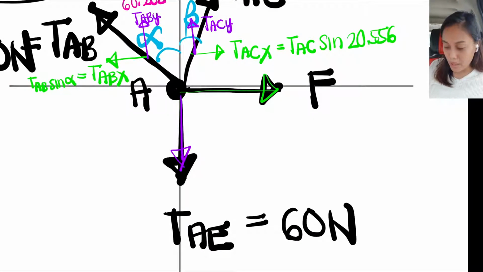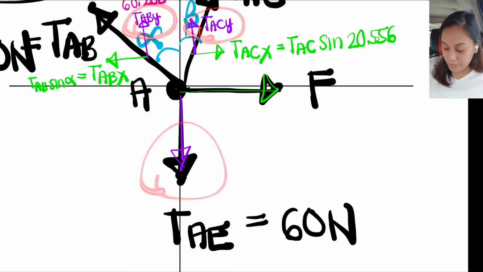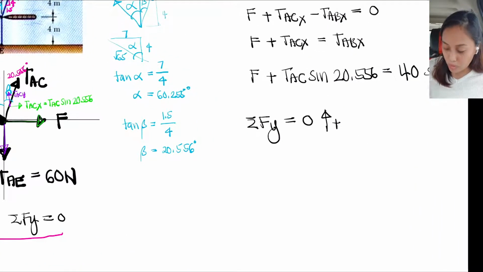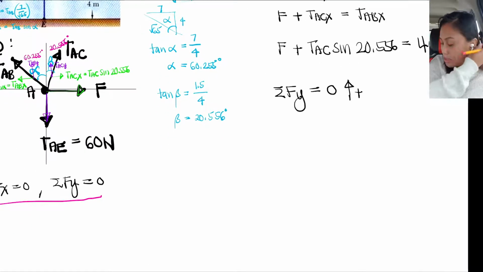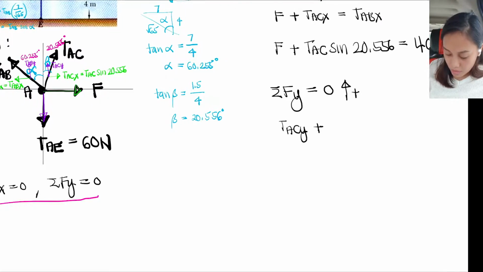So positive, positive, negative. Okay. So back to our equation: summation of forces along y, upward, positive. So positive TACY plus positive TABY minus 60 newtons equal to 0.